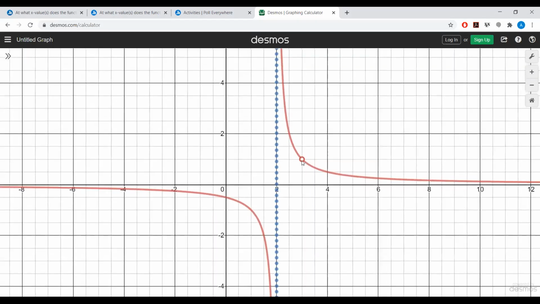And then we also see when x is 3, it's not marked here, but this is 3 because 1, 2, 3, and when my y value is 1, I have a hole. The function can act normally, it's well behaved around 3, because we have that common factor in both the numerator and denominator canceling each other out.